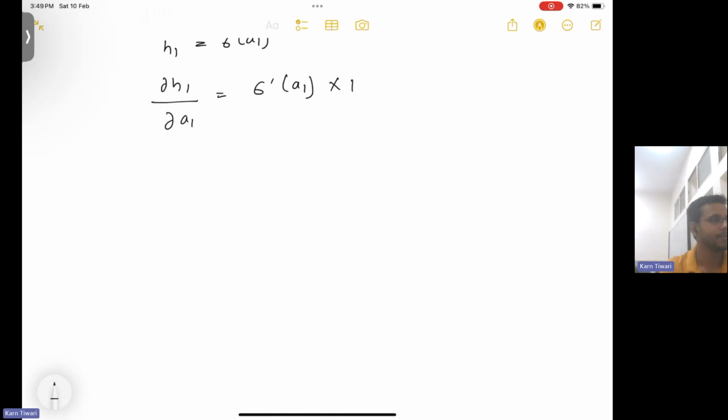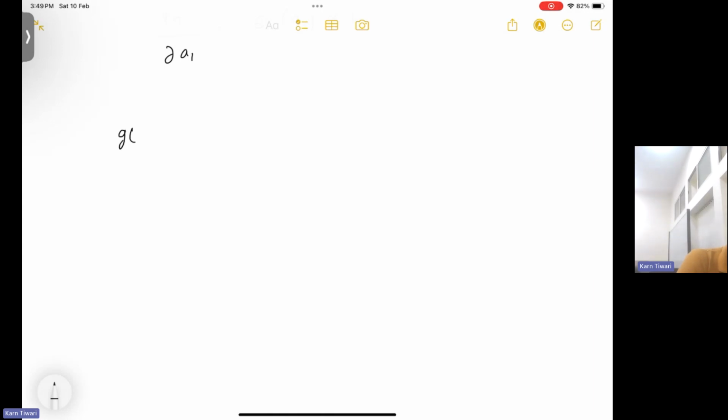So one more thing, I guess I completed the chain. Let's take the differentiation of an activation function. You know about the sigmoid neuron. For the sigmoid neuron, the activation g(z) is equal to 1 divided by 1 plus e to the power minus z.